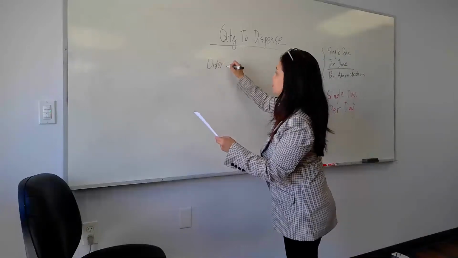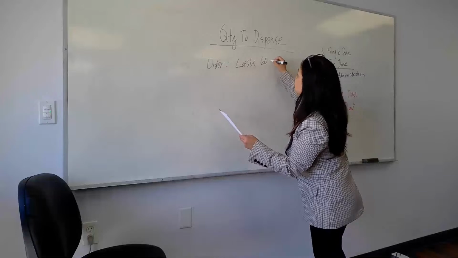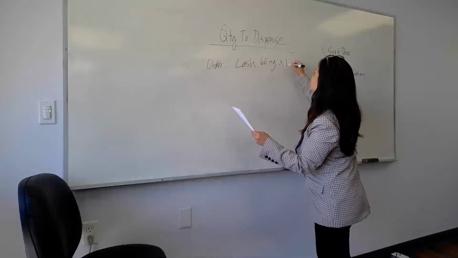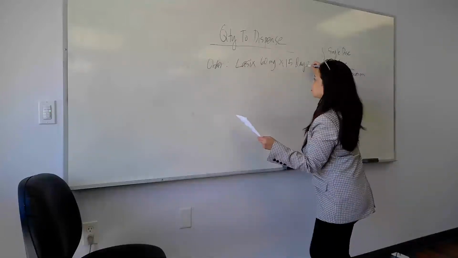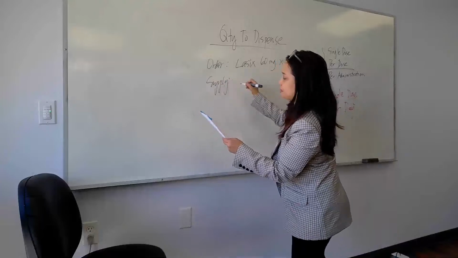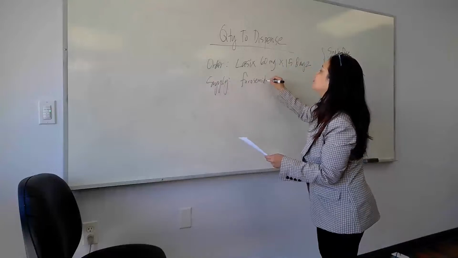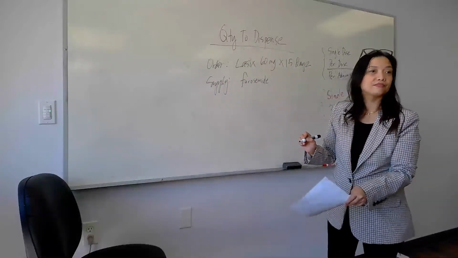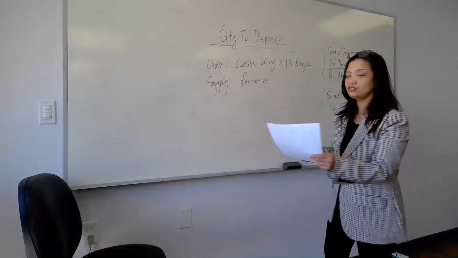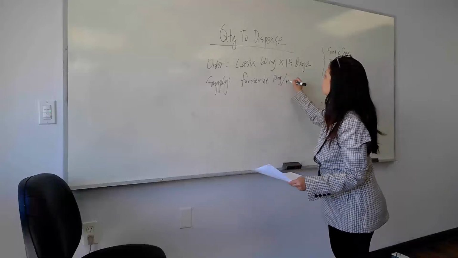The order, prescription number 5, is Lasix 60 mg times 15 days. Your supply, what you have in your pharmacy, is furosemide. Can we give furosemide for Lasix? Yes, furosemide is the generic of Lasix. 10 milligram per ml.